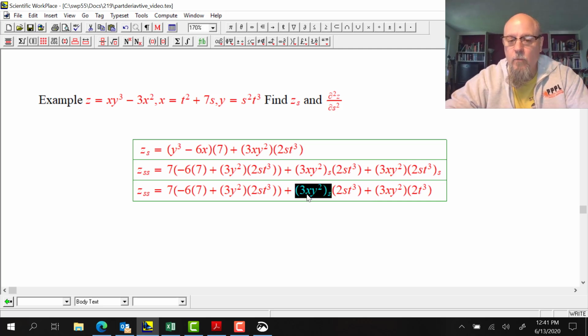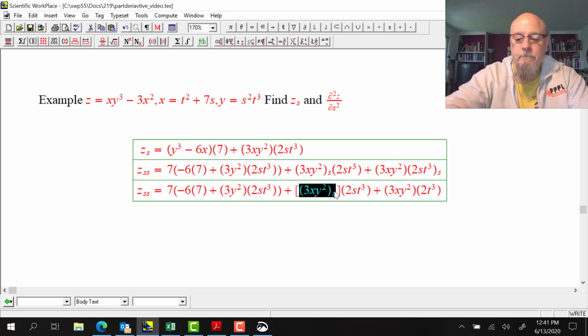So it's a function of x and y. So this, I'm going to put a square bracket around it so that we can work inside here.